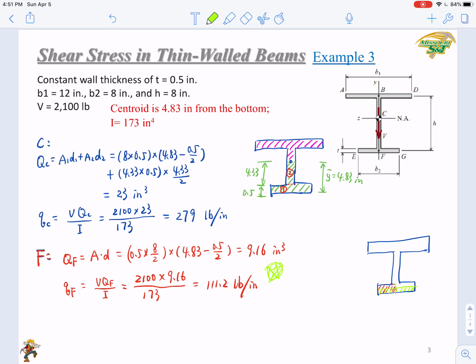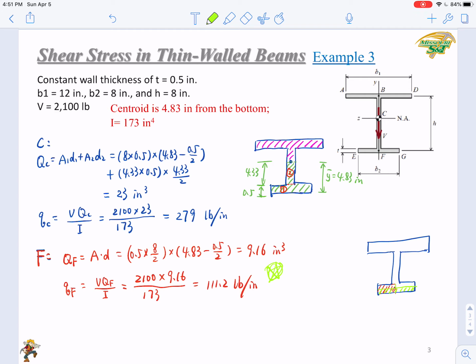Actually, we ignored the connection between the bottom flange and the web. If you ignore the web, the result could be a little larger. So you can try to do the other calculation using the green area to see if you can get a result slightly larger than this QF we just determined.